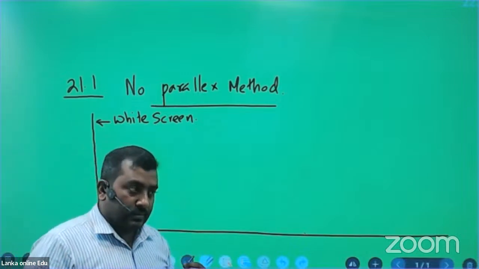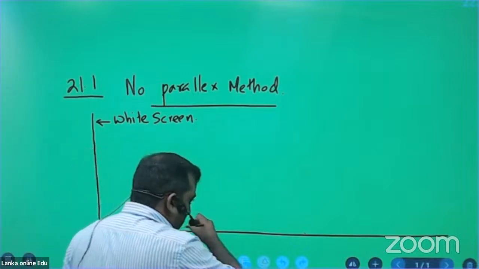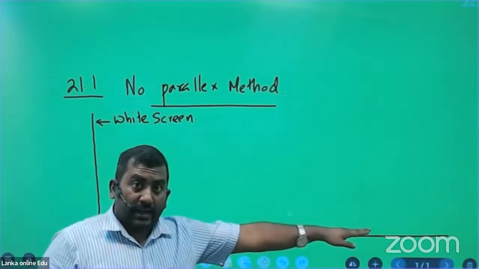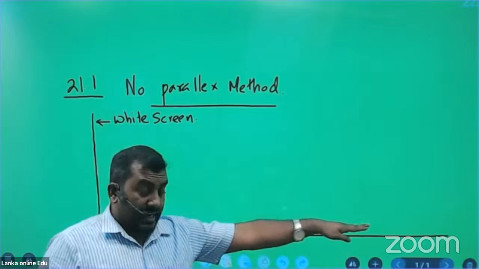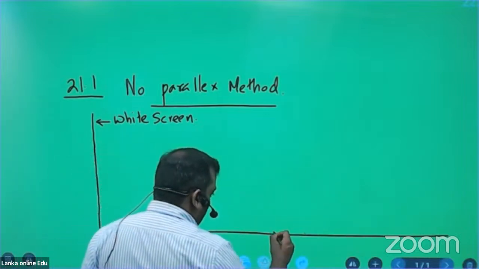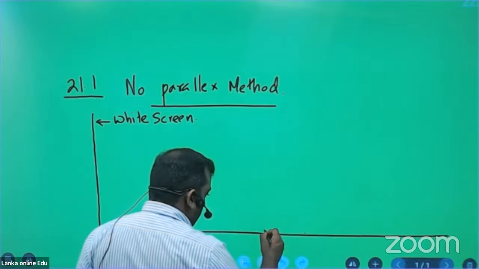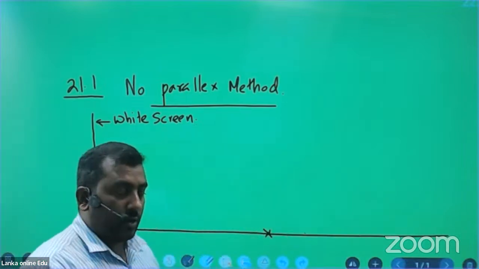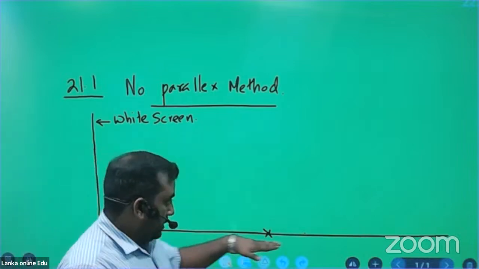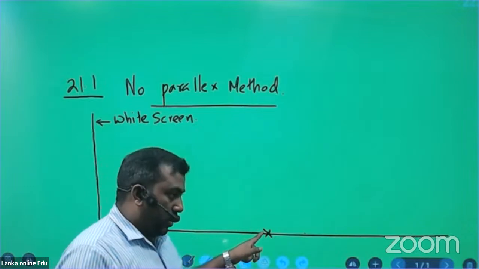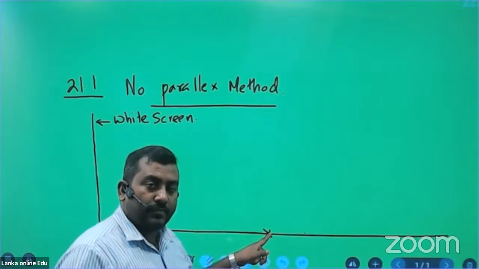What we do is we mark a straight chalk line, and somewhere around the midpoint along this line, we make a chalk mark.